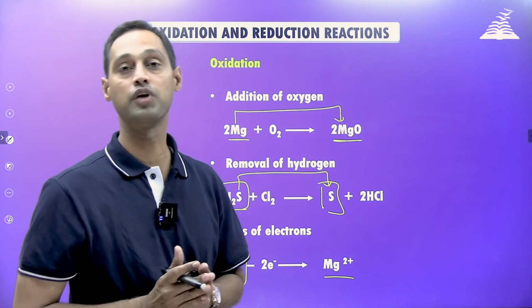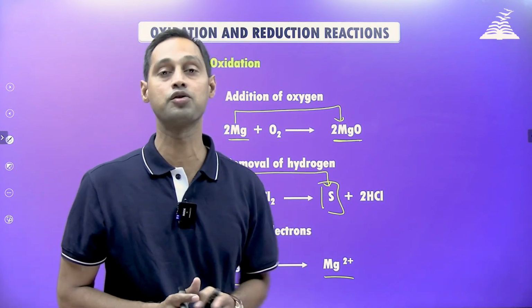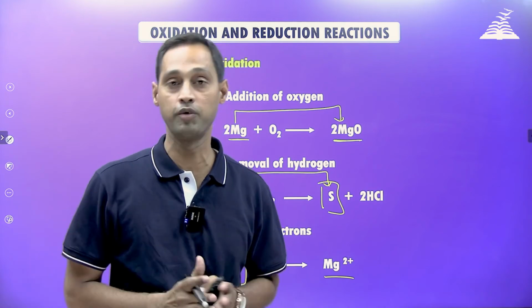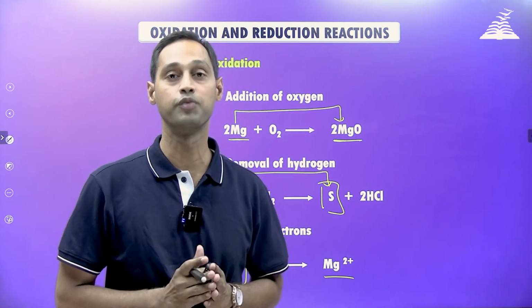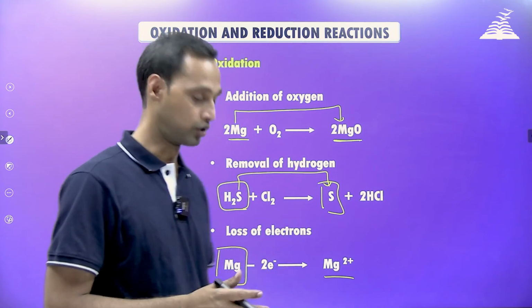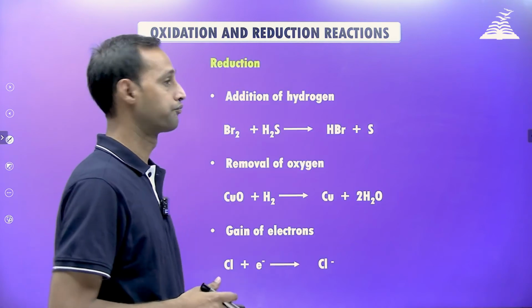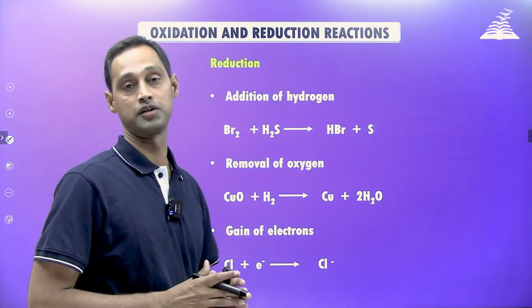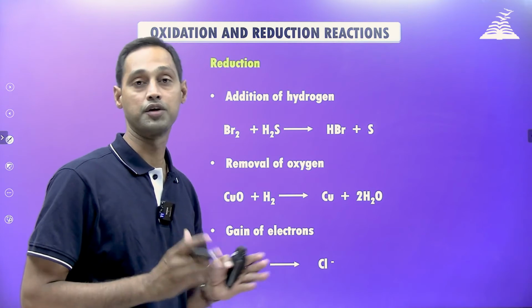So what did you understand so far about oxidation? Addition of oxygen, or removal of hydrogen from a substance, or loss of one or more electrons from any species. This is oxidation. Now we are moving to the next type of reaction, reduction. What is reduction? Addition of hydrogen to a substance is reduction.